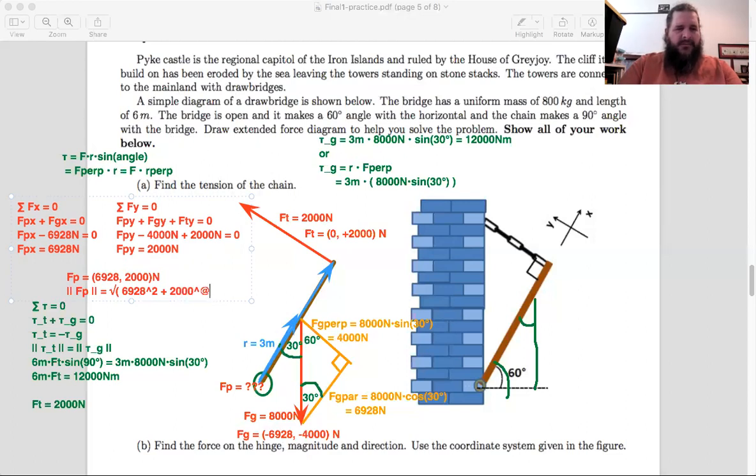Order doesn't matter. So we punch that into a calculator, Pythagorize that, and we get 7,211. So that is how strong the pivot force is. The pivot force magnitude is 7,211 newtons, almost as strong as the weight of the bridge itself.